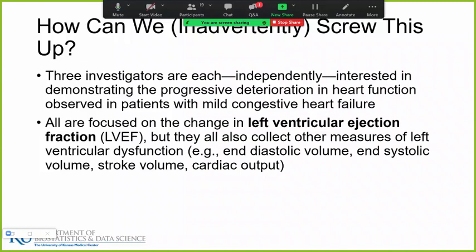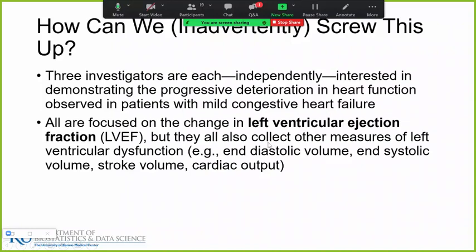It's the gold standard. So they design a study around it, and they size the study such that the type 1 and type 2 error rates are controlled for testing a hypothesis about left ventricular ejection fraction. They also want to generate hypotheses for future study, right?